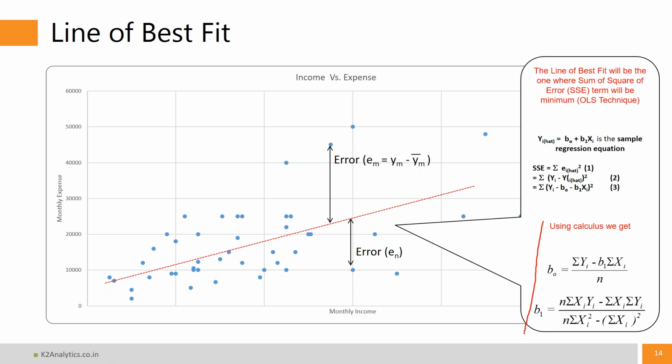As we discussed in the initial example, for the expense of a household, if there are 10 families each having 50,000 income, it is not necessary that all of them will have 25,000 as expense.